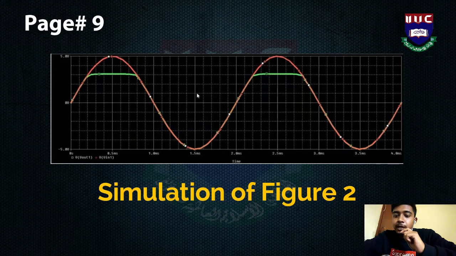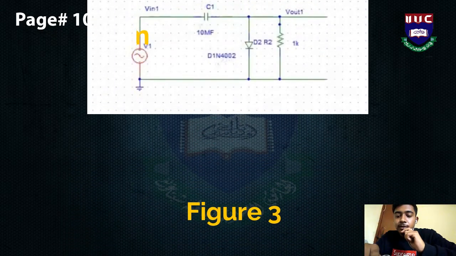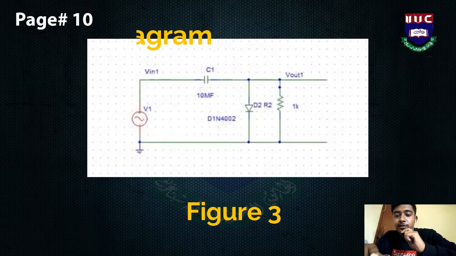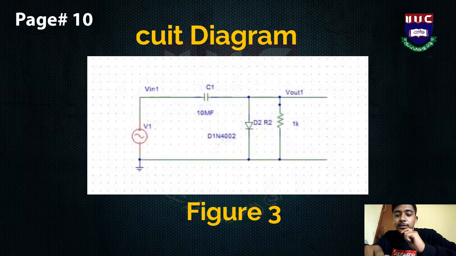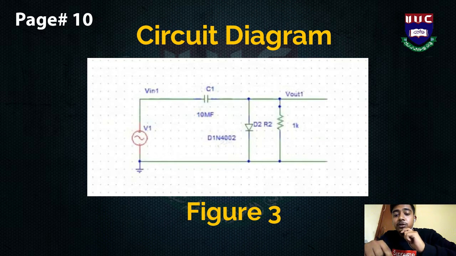Now we are going to our next figure 3. This is figure 3. So here we can see that this is a clamper circuit. This is a clamper circuit because we use a capacitor here, and the other elements we use are a diode, D1 4002, and also a resistor.